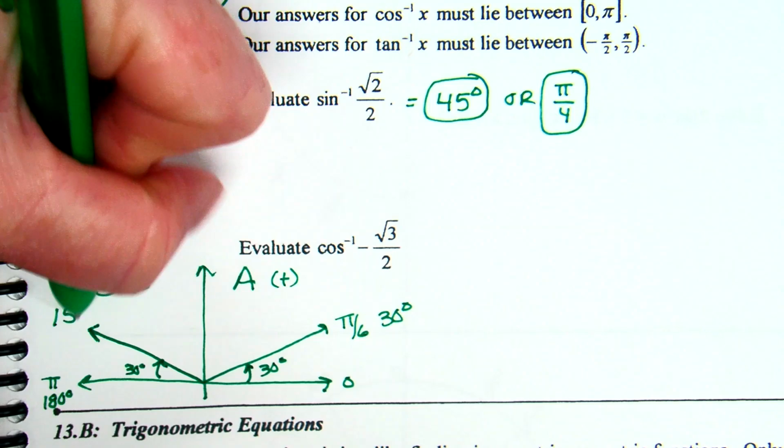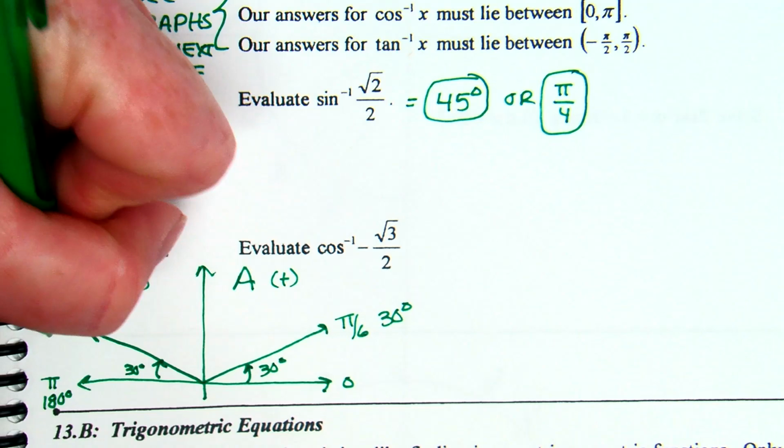And so we can think 150 degrees, right? What is 150 degrees in radians? This was pi over 6 up. What is a pi over 6 before pi? 5 pi over 6. So you can say the answers of 150 degrees or 5 pi over 6.